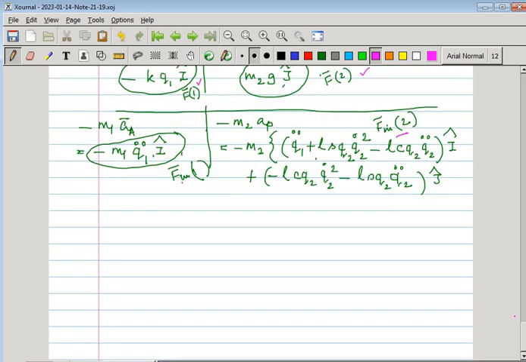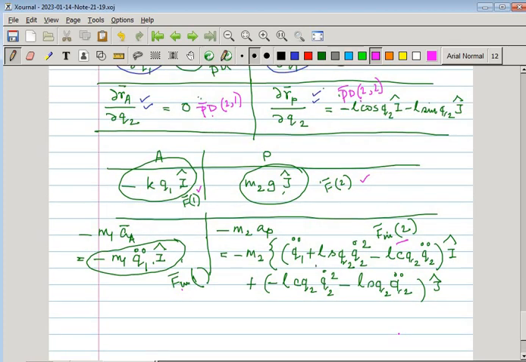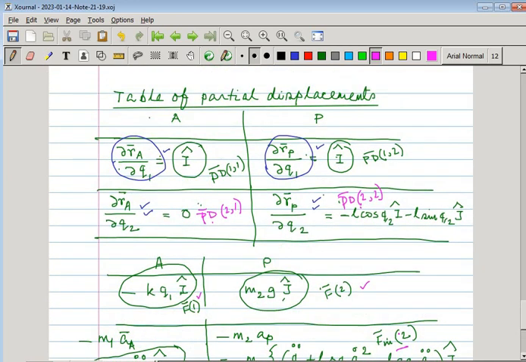So now you can form the first and second equations. This is how you can systematically progress and form the equations of motion from the virtual work principle.